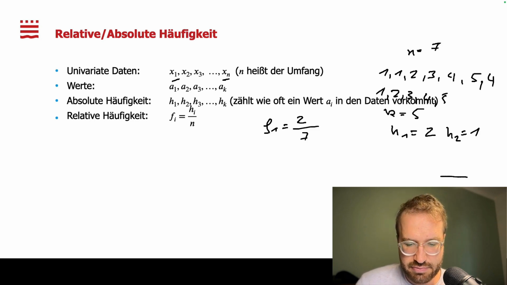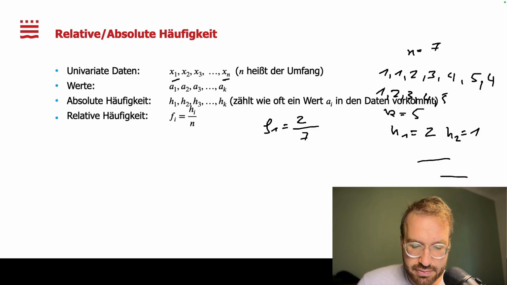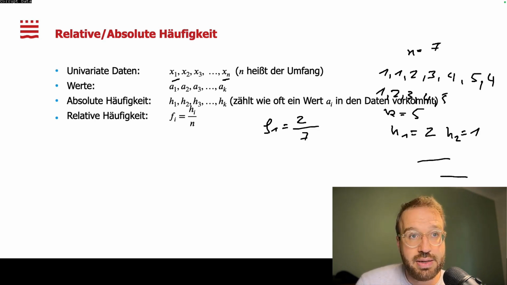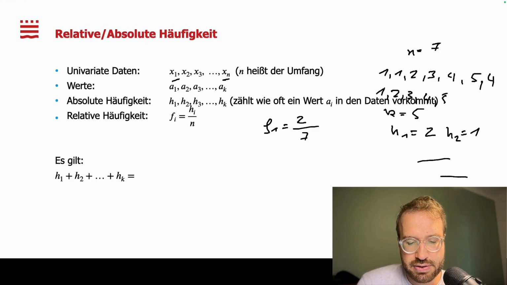Well, that is the relative frequency, and there are of course relationships between the different types, that is, between absolute frequency and relative frequency. There are indeed formulas, and the first one is that we consider the sum of all absolute frequencies. And now I will give you a moment to think for yourselves about what this sum might be.